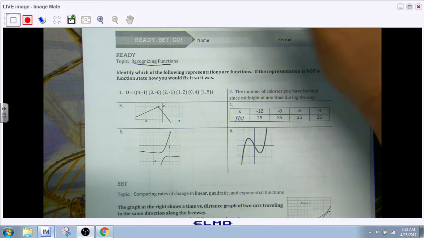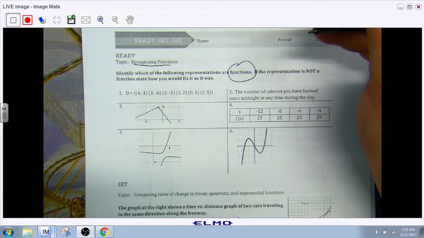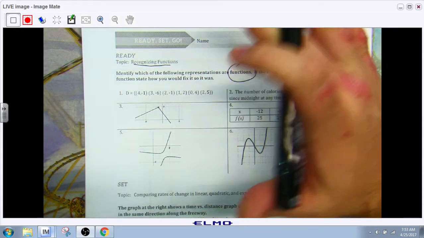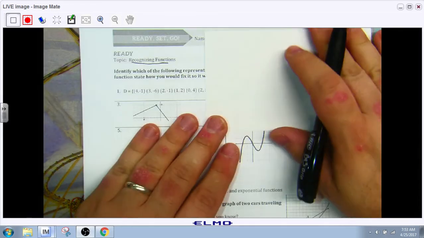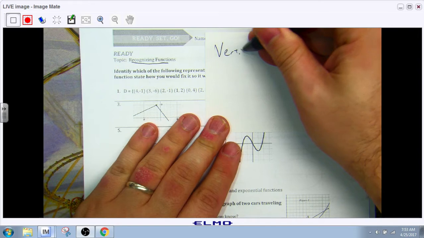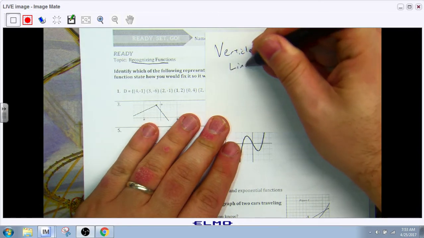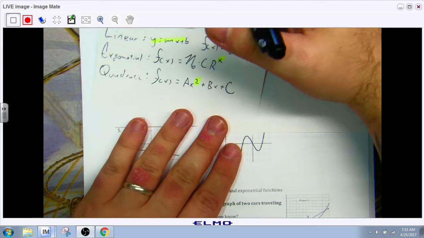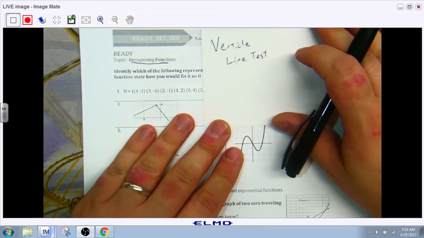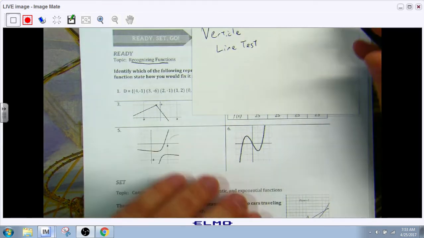So when we're wondering whether or not something is a function, those are the major forms that we know, but we also have something we call the vertical line test. When we're not dealing with one of these common forms that we've studied, we can still determine whether it's a function if it passes the vertical line test.